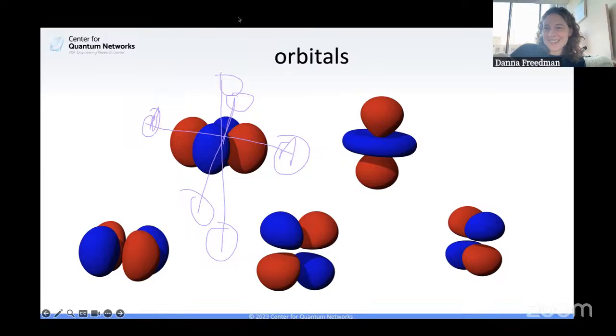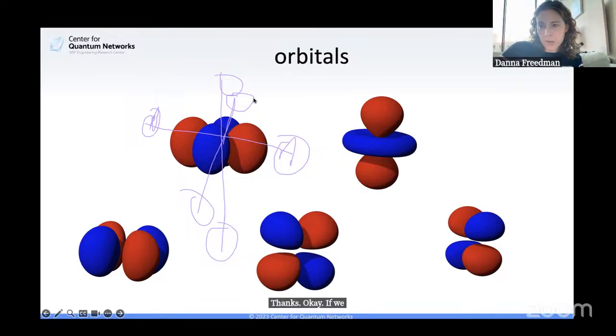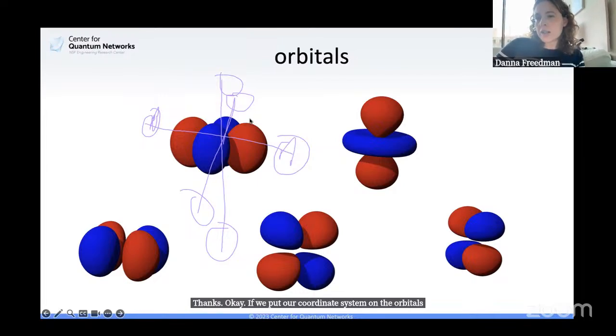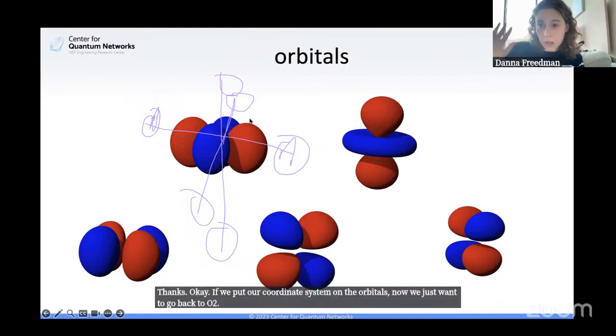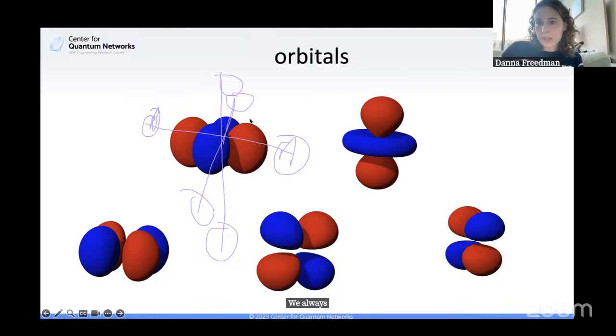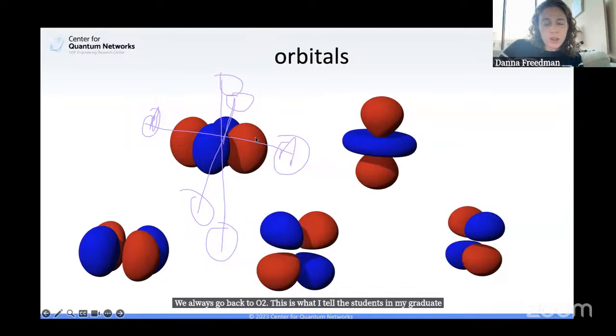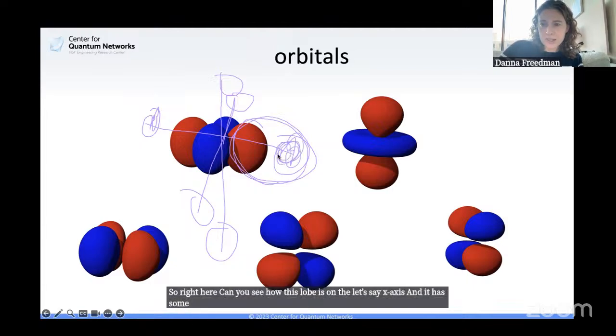Okay, so if we put our coordinate system on the orbitals, now we just want to go back to O2. We always go back to O2. This is what I tell the students in my graduate class all the time. So right here, can you see how this lobe is on, let's say, the x-axis, and it has some overlap with this sigma orbital that's part of our octahedral ligand sphere?